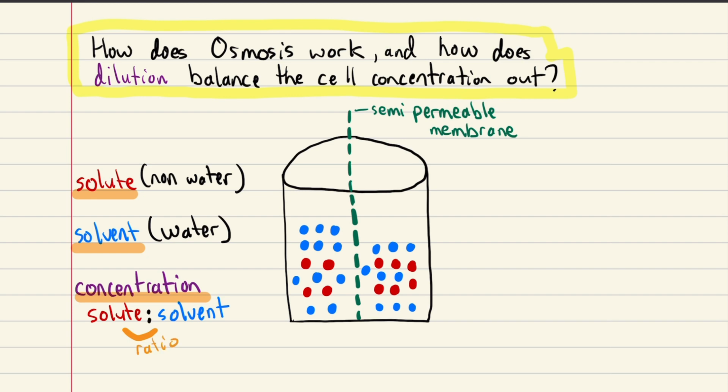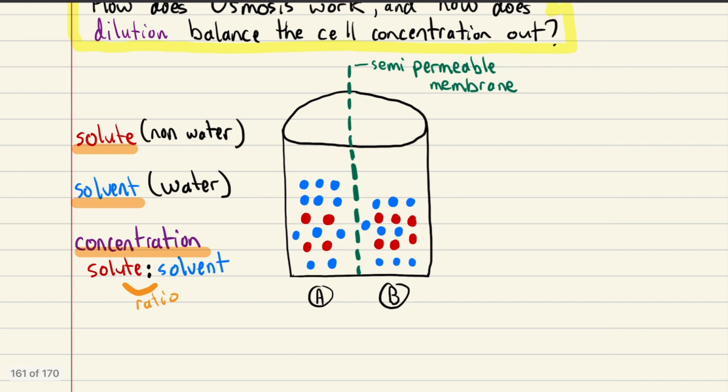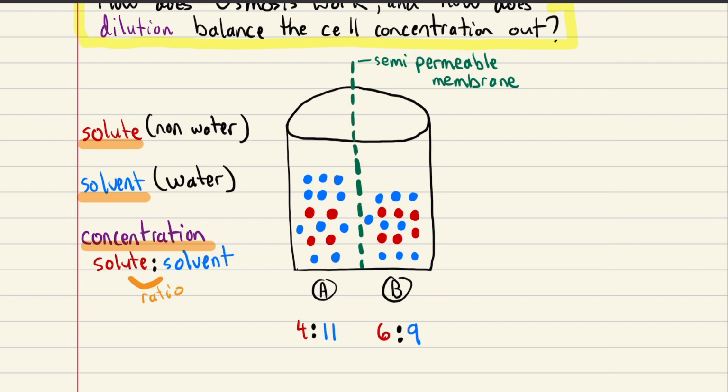So let's say I look at two sides, and we have sides A and B. If I look at the red dots, which are the solutes, versus the blue dots, which are the waters, I get the following ratios for both of these sides. So let's say in our beaker here, which is separated by a semi-permeable membrane, and you can think about this as the cell membrane, and this entire beaker as the cell.